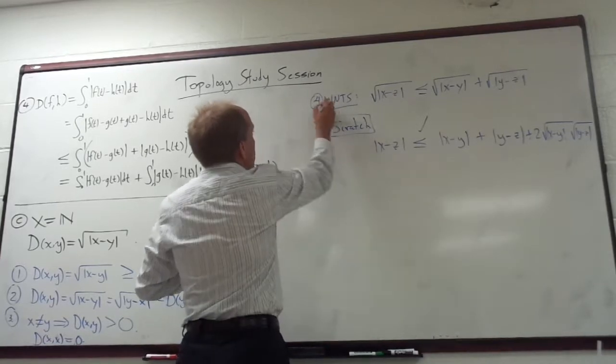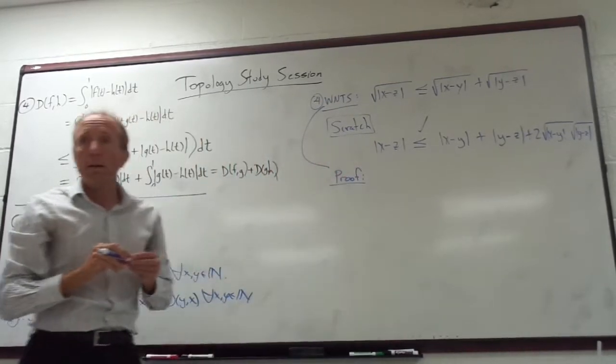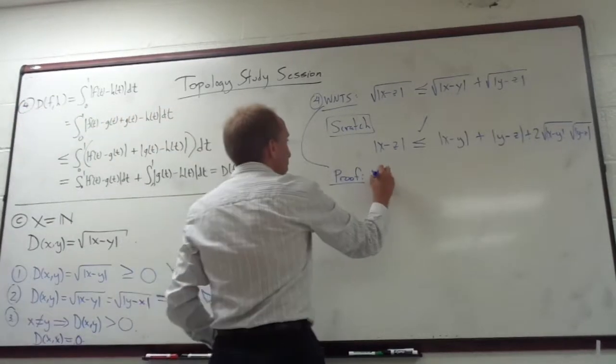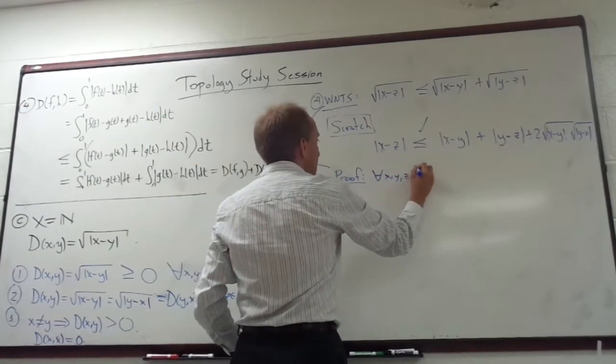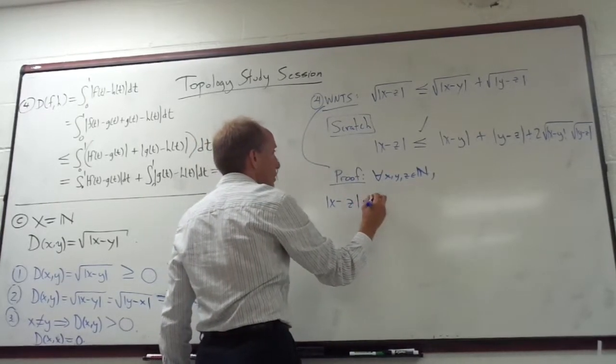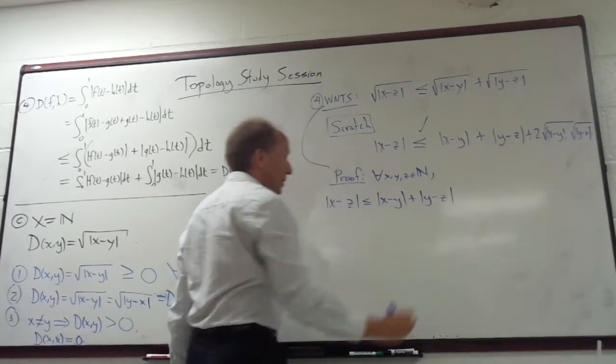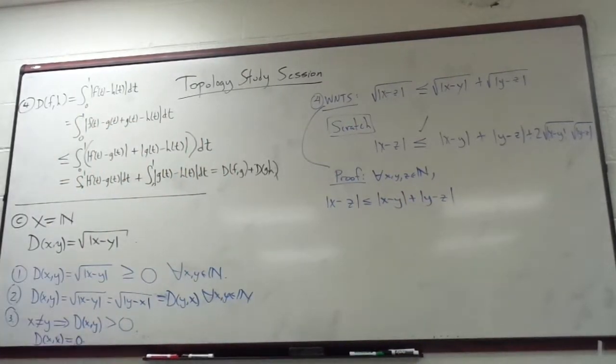Okay, so how will we want to show that? So this is what we need to show. I'm going to actually try and write it as a proof down here. I'm just going to note that for all x, y, and z in the natural numbers, absolute x minus z is less than or equal to absolute x minus y plus absolute y minus z. That's just your standard triangle inequality for absolute value.